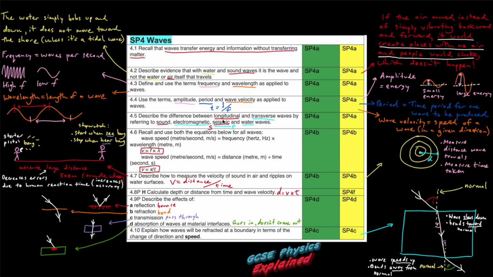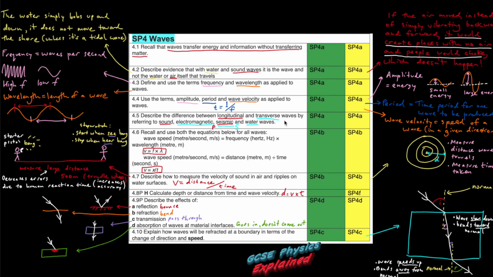Describe the difference between longitudinal and transverse waves by referring to sound, electromagnetic, seismic, and water waves. So longitudinal would be sound and the S wave. No, I've done that wrong. Let's rub that out. The transverse waves are in the blue.